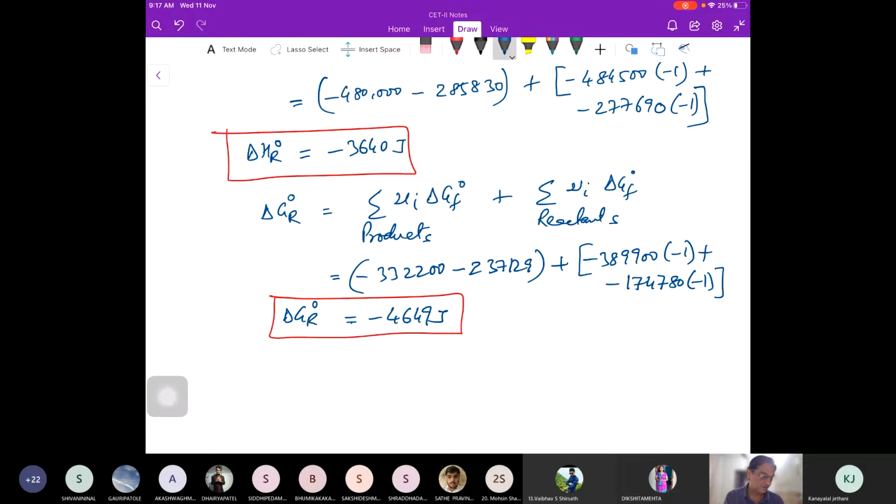K we will get. What is the equation? Delta G equal to minus RT ln K. So we can put this. What will be the value of R? 8.314, into 298, ln of K.